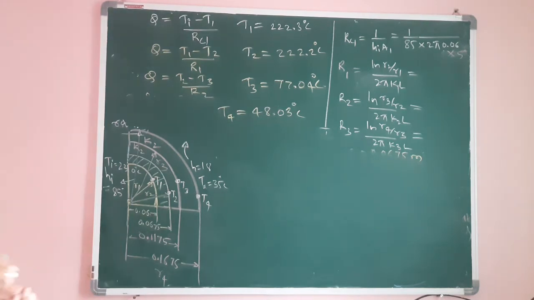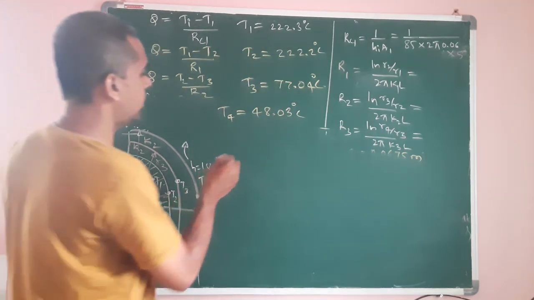Now we have to calculate the overall heat transfer coefficient based on the inner surface and based on the outer surface. We know Q is equal to U A into delta T. Based on the inner surface, instead of A we write Ai.